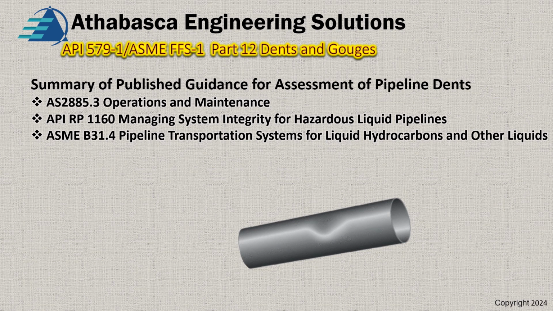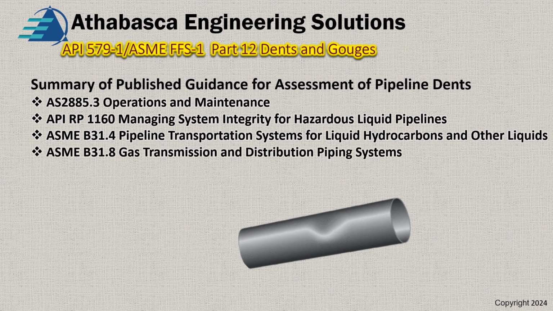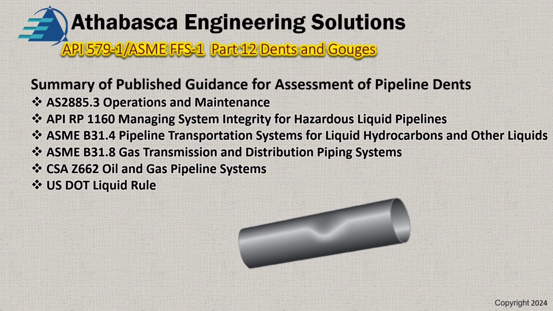We're not going to cover all these, by the way, unless someone asks me to specifically. I can do that. ASME B31.4 for pipeline transportation systems for liquid hydrocarbons and other liquids, ASME B31.8 gas transmission and distribution pipeline systems, the gas line equivalent, and Z662, the Canadian code, and the U.S. Department of Transportation, the liquid rules and the gas rules as well.